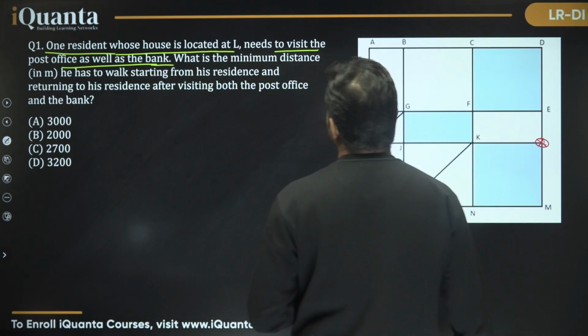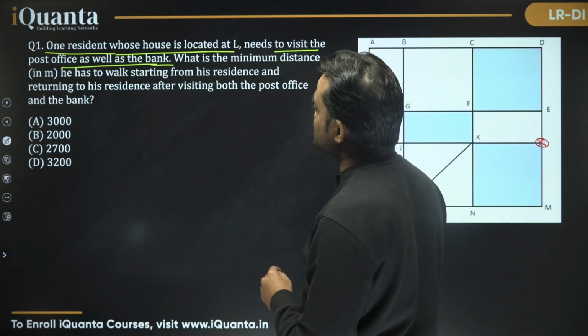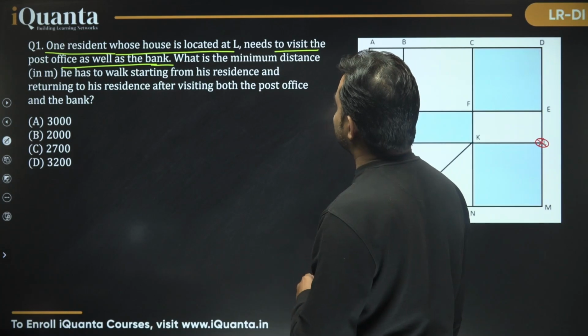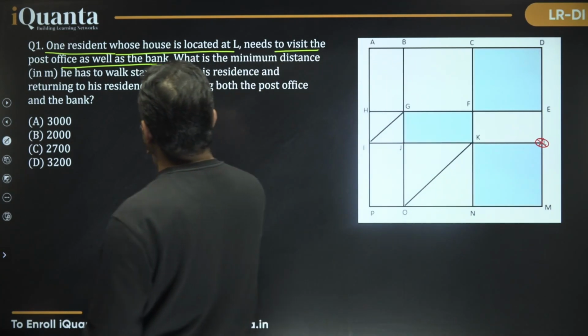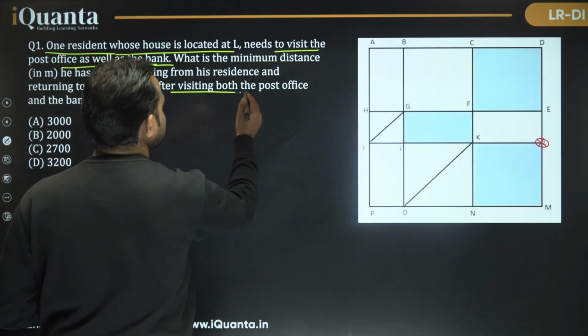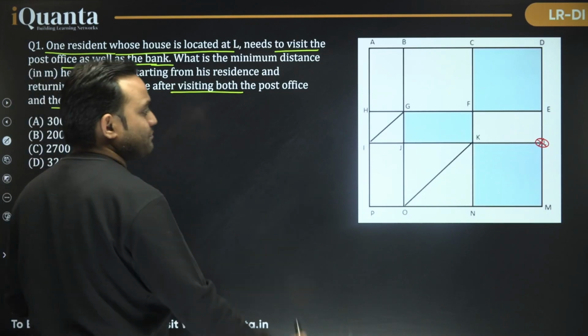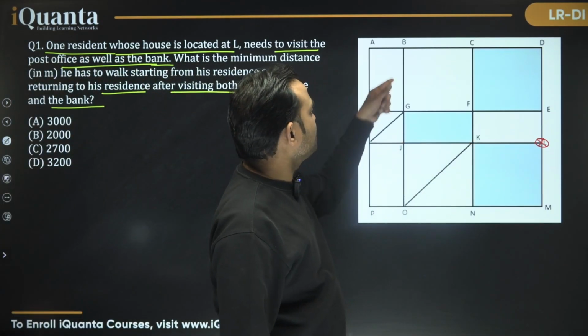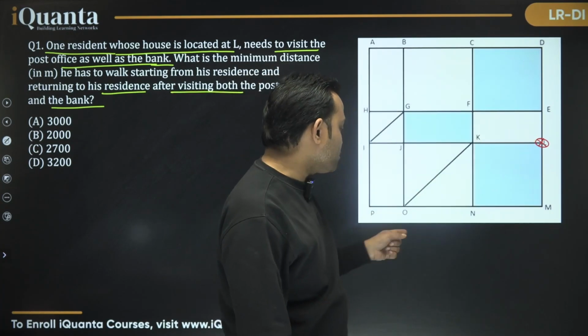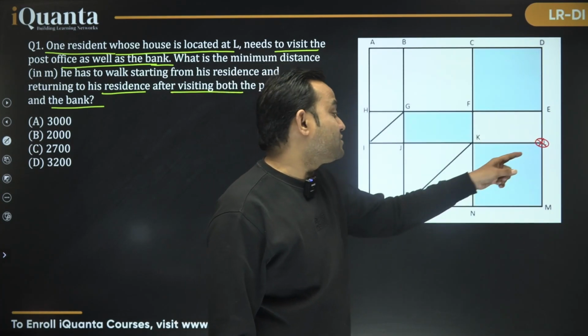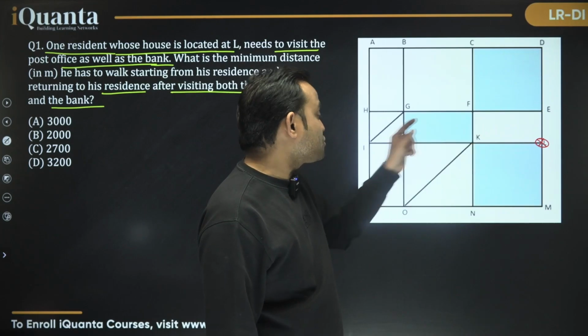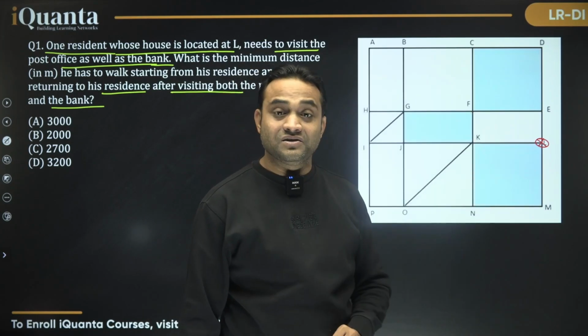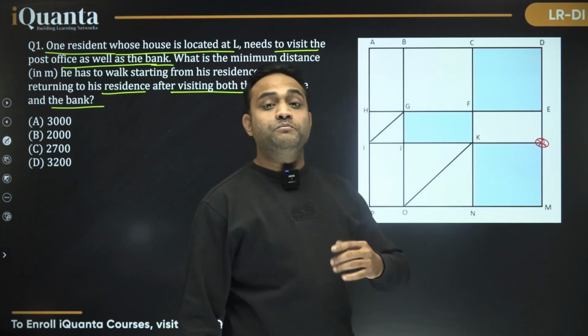What is the minimum distance he has to walk starting from his residence and returning to his residence after visiting both the post office and the bank? So this guy can go to the bank, then the post office, or he can go to the post office, then the bank, and then return. How can we minimize the distance?